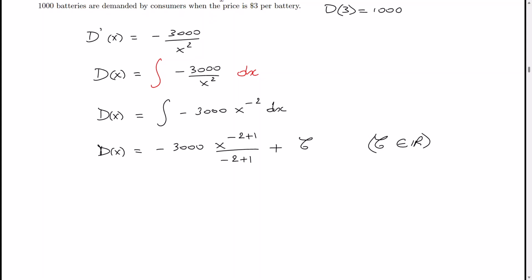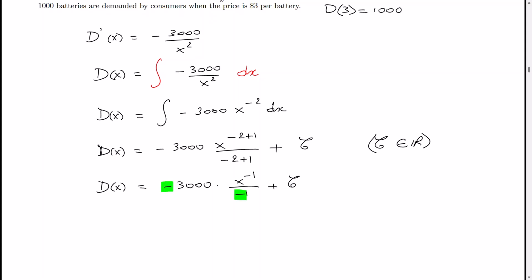And in this problem, we are basically going to find what C is, because they're giving us some extra details that will help us find out what the constant of integration is. But anyway, let's first clean up this massive mess that we've created. So first of all, negative 3,000, x to the power of negative 1, all divided by negative 1 plus the C. I don't like the fact that there's a double negative.